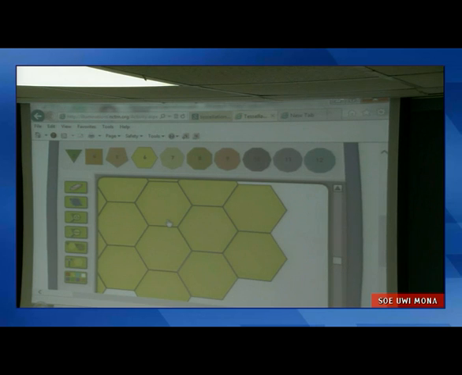Just for argument's sake, if we had, say, 2 triangles, that's equilateral triangles, and 2 hexagons, let's see if that will work. Let's get a triangle and put it somewhere. Are you seeing that? I think I'm going to have to rotate this.